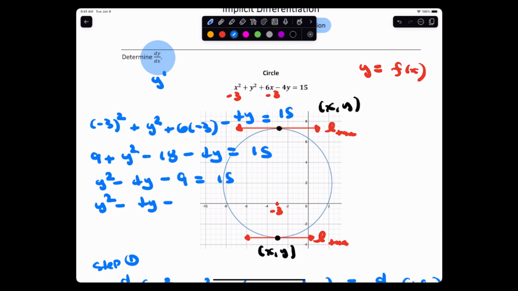Subtract 15 from both sides, and what do you end up getting? Is that going to be minus 24 equal to 0? Okay. Double check.